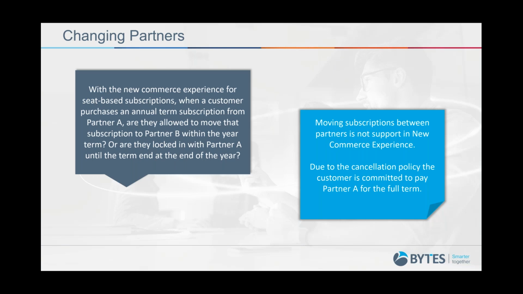So they can't move partners midterm. The billing is with you as the reseller. What they could do is start buying new seats through a new partner, but they wouldn't be able to move the billing that they've committed to you as the partner until they've made all 12 installments.